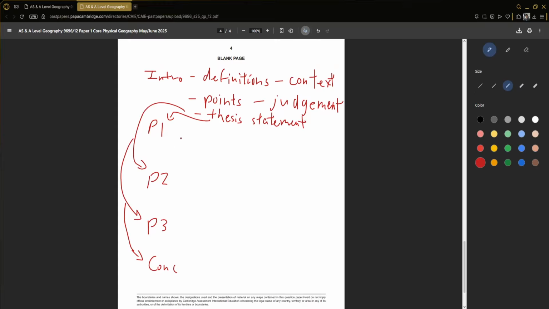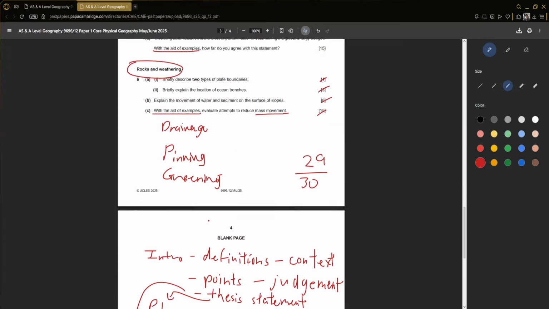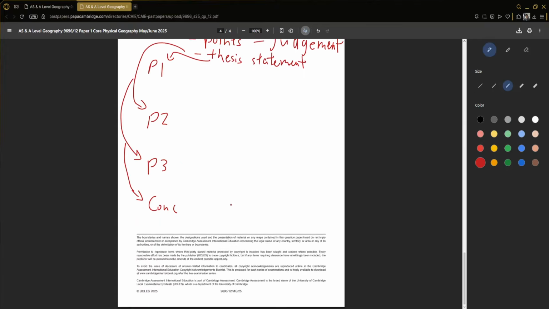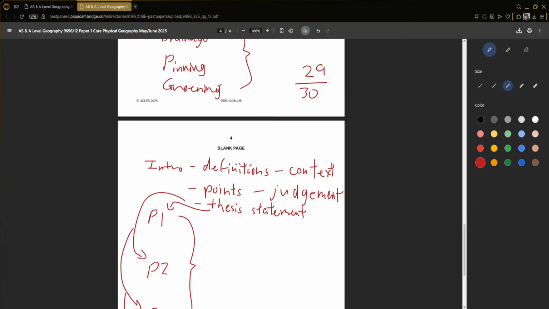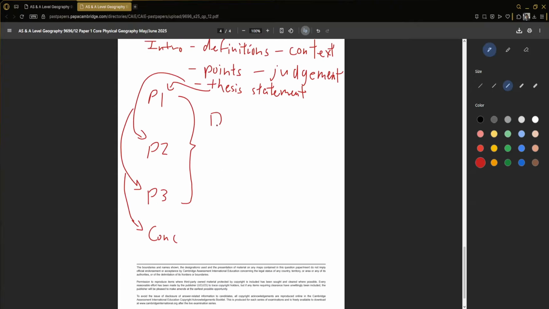So I'm not going to go into P1, P2, P3 because that's a lot of detail, but I'm going to kind of teach you how to structure your main body paragraphs. For physical geography, draw diagrams, right? It's easy marks, it's easy to visualize for the examiner. Diagrams are just a good way for you to gain marks.